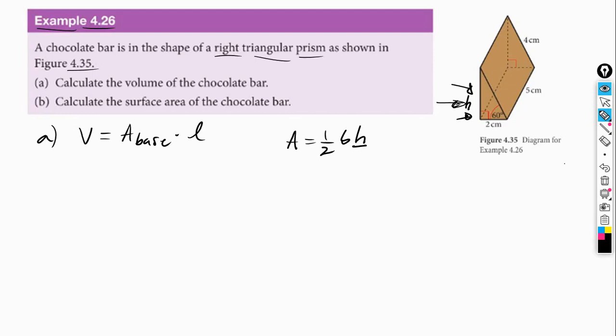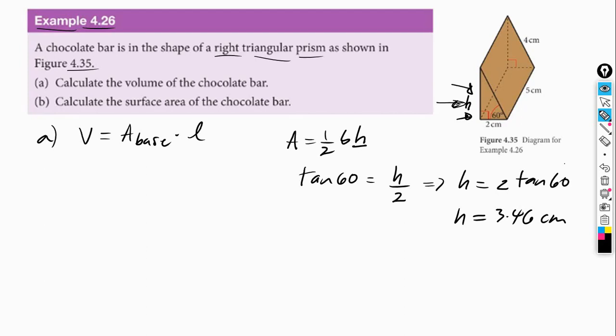That means that we need to use tangent. So notice that tangent of 60 is equal to the height divided by 2, opposite over adjacent. Therefore, the height is going to be 2 times the tangent of 60. So that means that the height is approximately 3.46 centimeters.